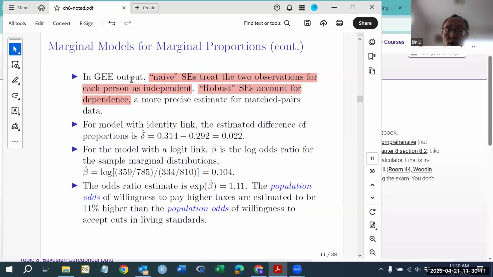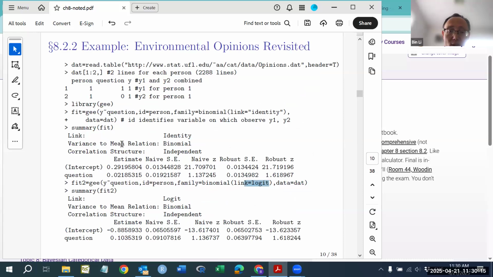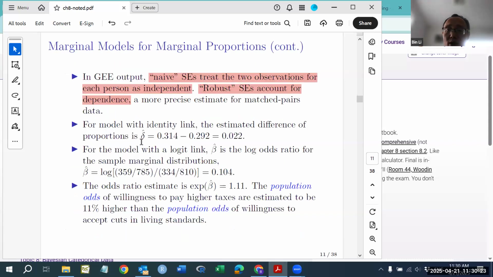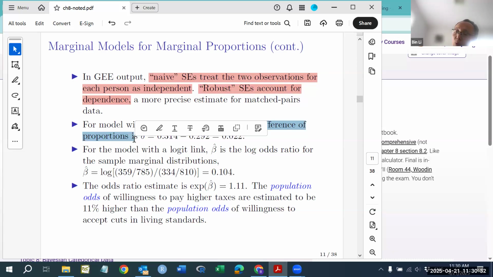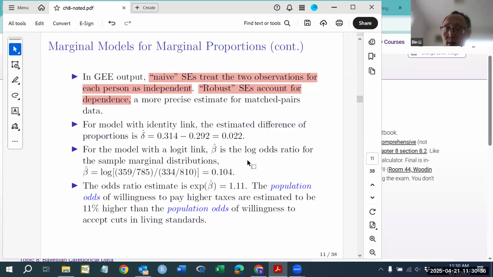Okay, so for the identity link, you can see here the delta is 0.022, right? So that's for the question. So that means the estimated difference of the proportions for answering yes in question 1 and 2 is about 2.2%.